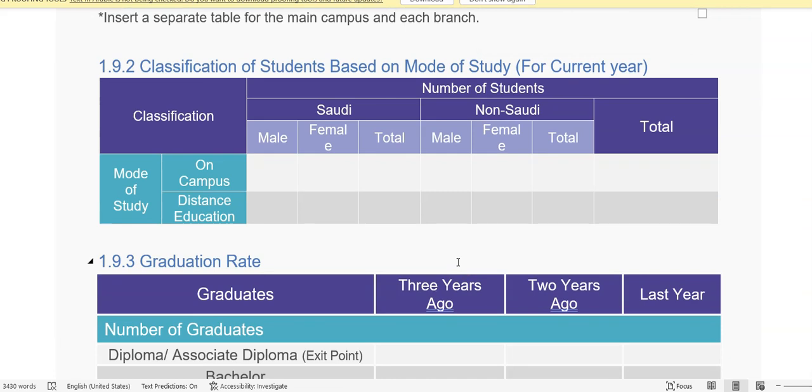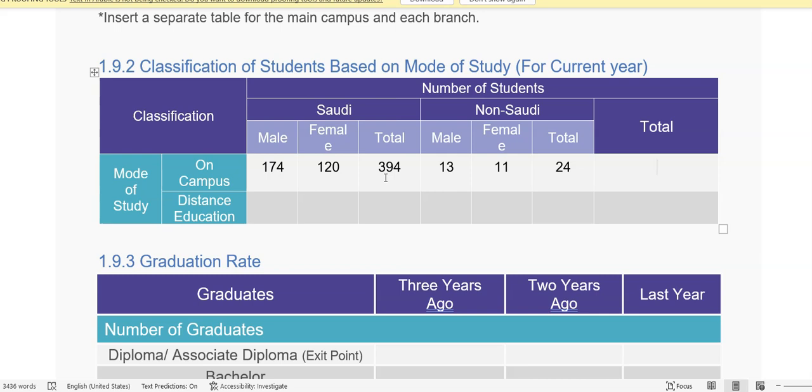Classification of students based on mode of study. For Saudi, it is now the total number. For example, you have 170 for males, you have 120 females, so the total number is 394. For non-Saudi, you have 13, females 11, so they are 24. So the total you have 24 and 394.